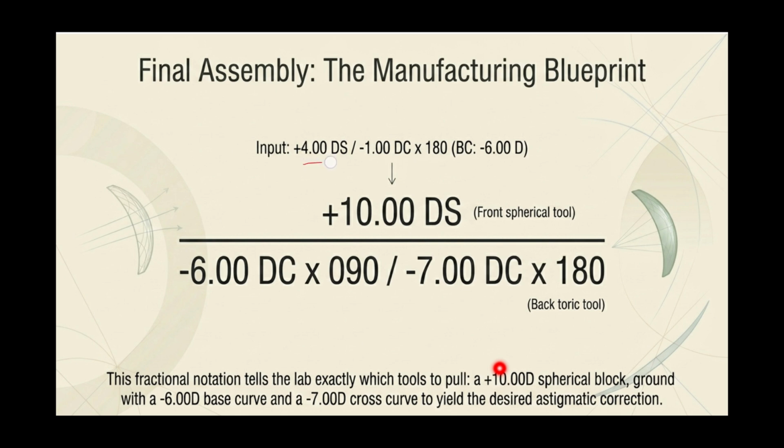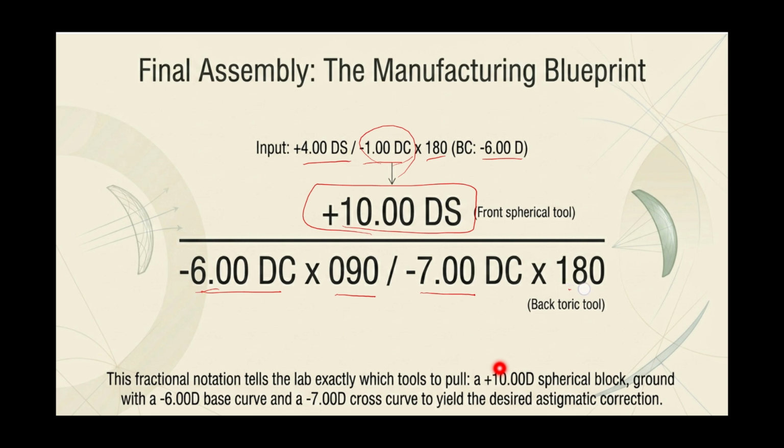This was our input, that is +1, -1, 180 and base curve at -6. So after doing a toric transposition, we arrived at a frontal anterior surface power as +10 diopter sphere, base curve shifted 90 degrees from the cylindrical prescription, cross curve calculated as a sum of base curve and the cylindrical prescription, which is -7 diopter cylinder, and the axis is the same as the prescription.